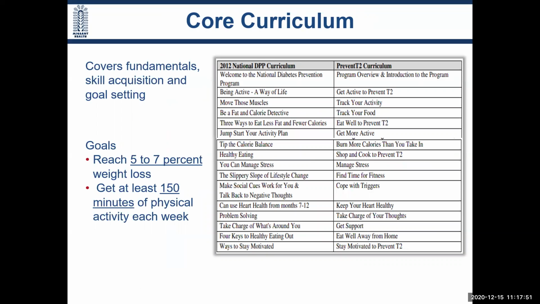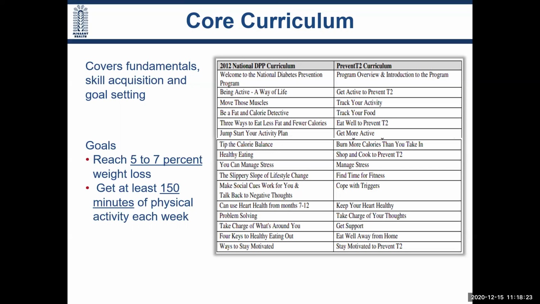Digging in deeper into the different phases. In the core curriculum, remember that's the first 6 months, this really covers the skill acquisition and those fundamental skills for participants to be able to set and achieve goals. If you look over to the right, we have the 2012 National DPP Curriculum and the PreventT2 Curriculum listed for the first 6 months.